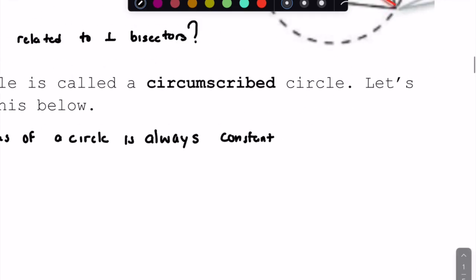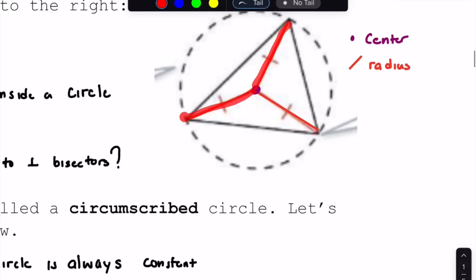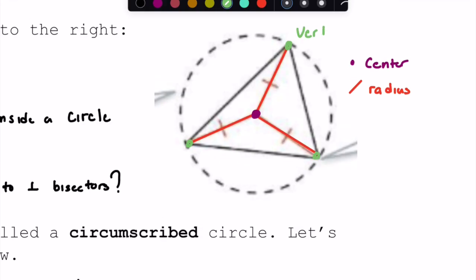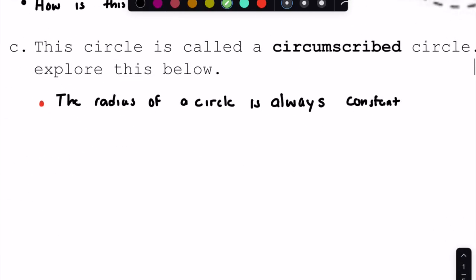So because the radius is always the same, we can say that the center of the circle is equidistant from the vertices of the triangle. So here are the vertices of the triangle. The radius of the circle is always constant.